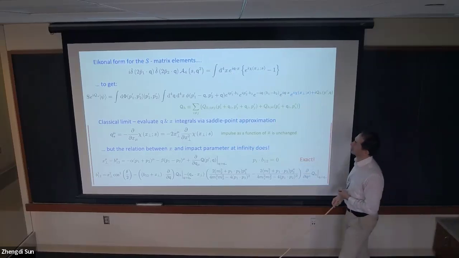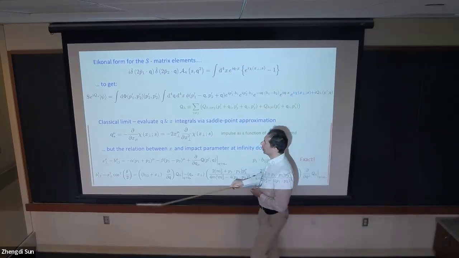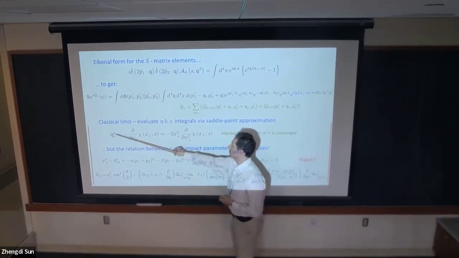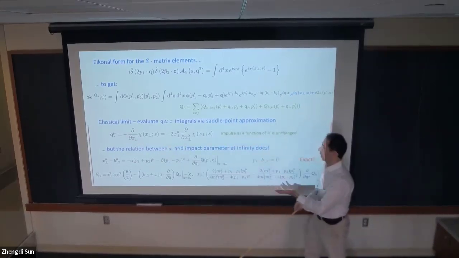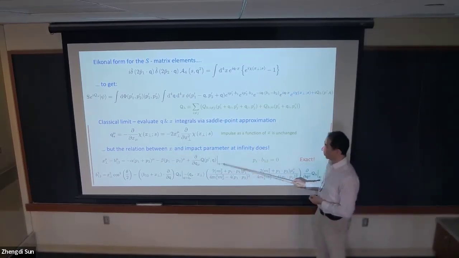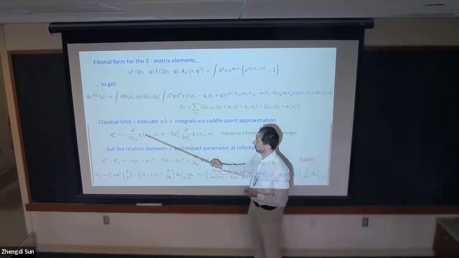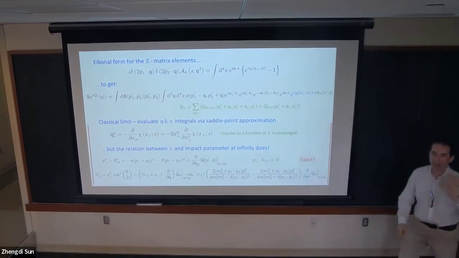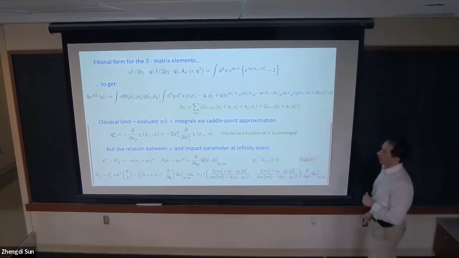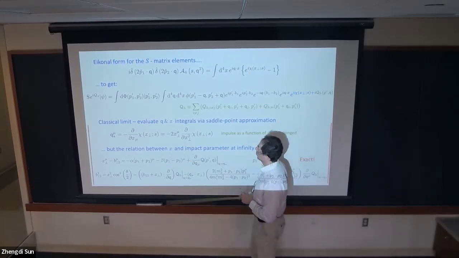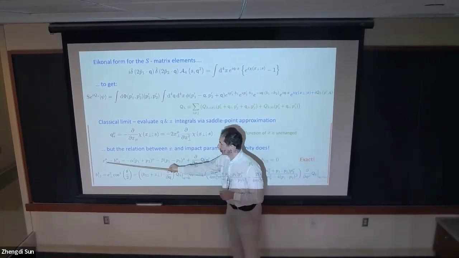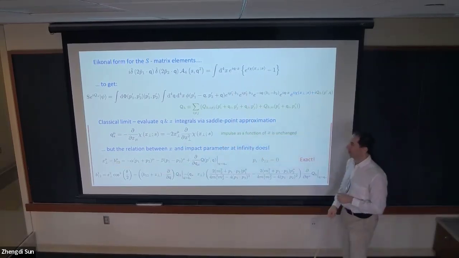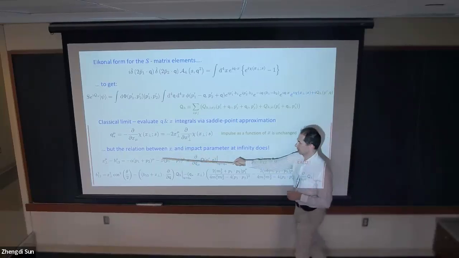The conclusion of this saddle point approximation is that the momentum transfer at the saddle point is the impulse, and is given by the derivative of the eikonal with respect to X. This is a standard thing that has always been true. Now, there is a non-trivial relation between this integration variable X and the impact parameter defined at infinity, which looks like this.